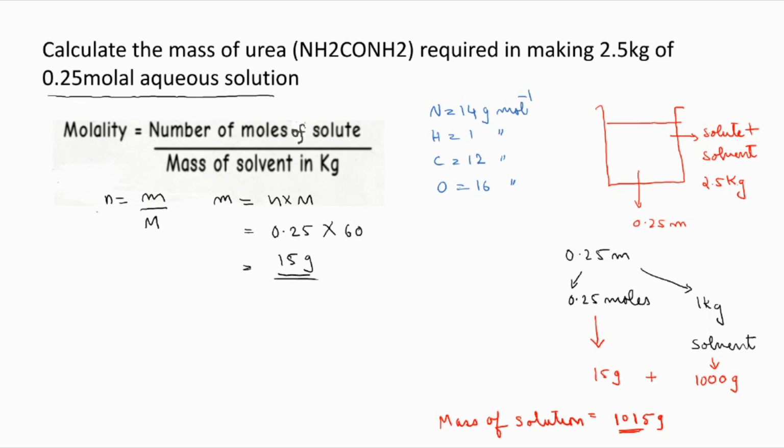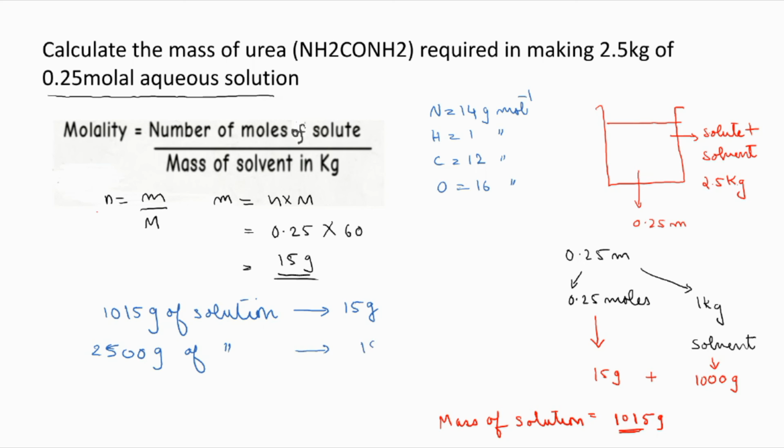Got it? So we came to know that 1015 gram of solution contains how much amount of urea? That is equal to 15 gram. What is the mass of the solution given now? That is 2.5 kg. Let's convert it into gram: 2500 gram of solution will contain how much urea?